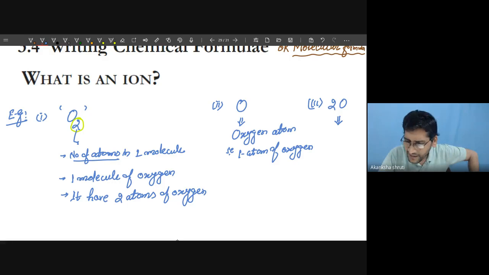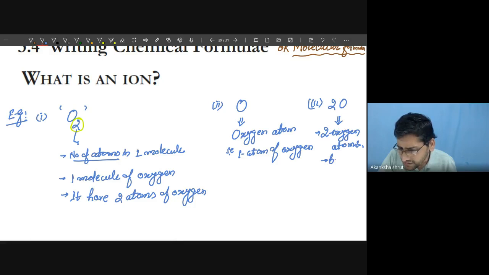Though it has 2 oxygen atoms, so it represents 2 oxygen atoms, but these atoms are not in molecular form. Okay, now students, this makes a difference. So it simply represents that 2 oxygen atoms are there, not a molecule.